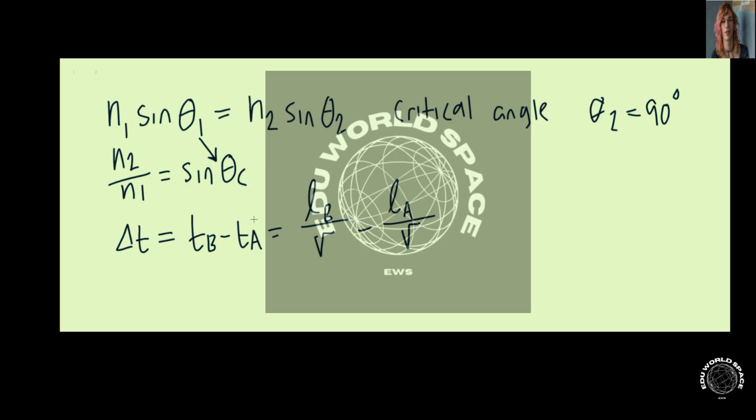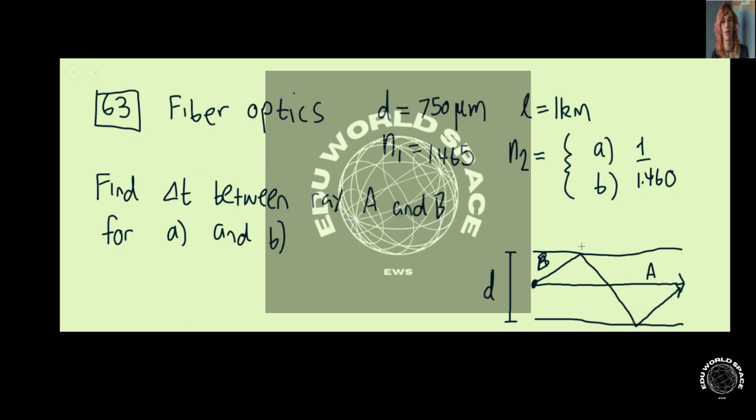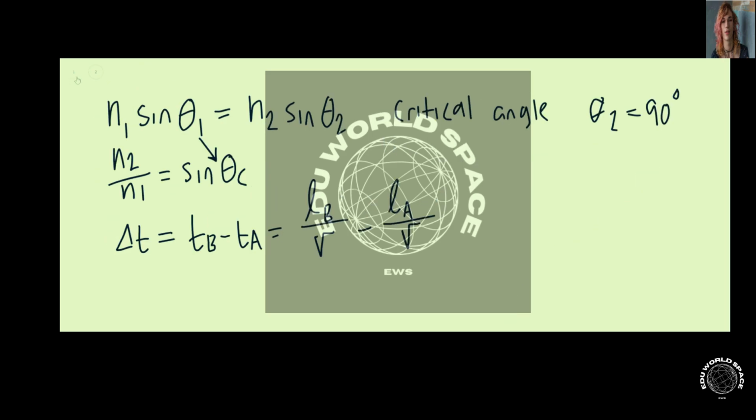Now, if we go back to the picture, take a look at this. The only difference between these two rays is that ray B is traveling a larger distance because it is going at these diagonals, obviously. So we can use some trigonometry to determine what that length is. I would suggest that length is going to be length A over sine theta C, which means that the first term becomes LA over V sine theta C, the critical angle.